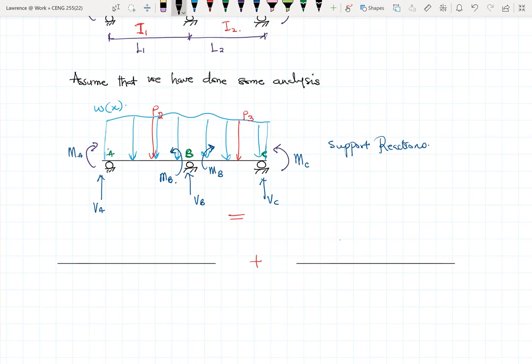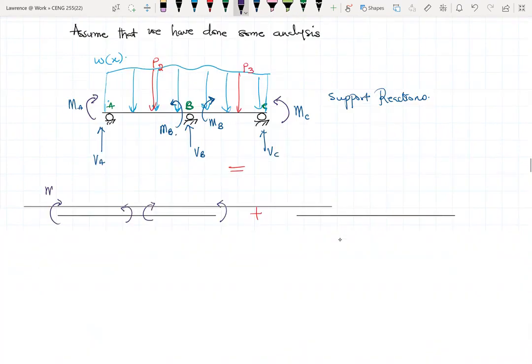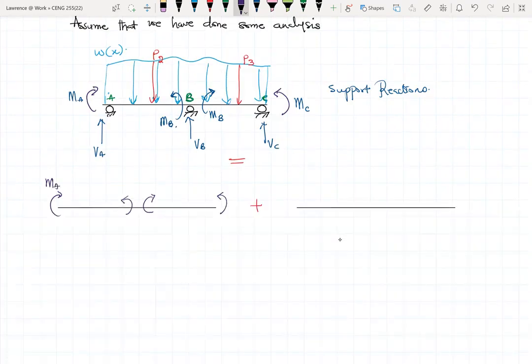So we can look at the case whereby we have bending due to only the bending moments. So we have MA, MB, and then MC.